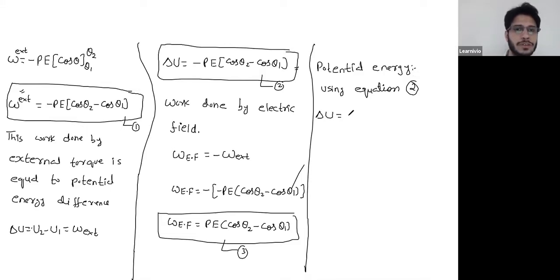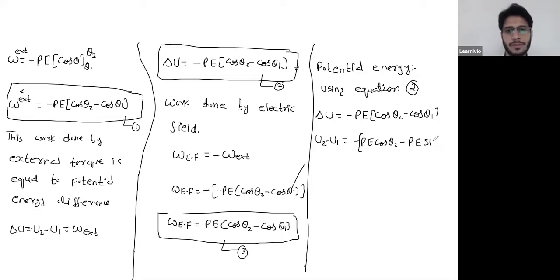Potential energy difference is minus P E times (cos θ2 minus cos θ1). Delta U means U2 minus U1. If I keep this negative sign inside, this is P E cos θ2 minus P E cos θ1.